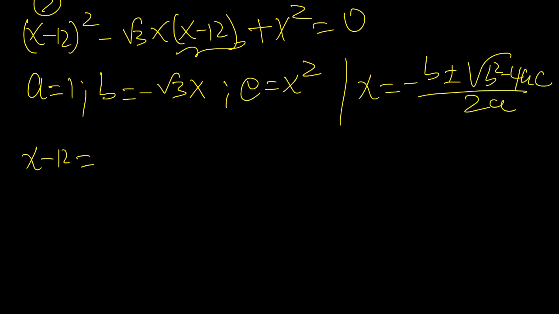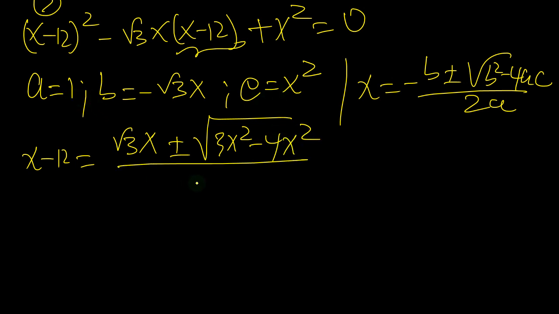So x minus 12 is going to be negative b, which is square root of 3 x, plus or minus square root of b squared. This one squared, we're going to have 3x squared minus 4 times a, which is 1, times c, which is x squared.